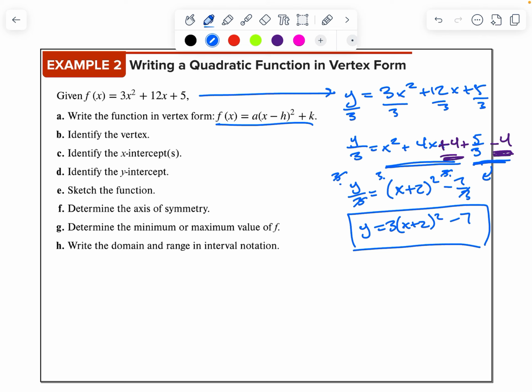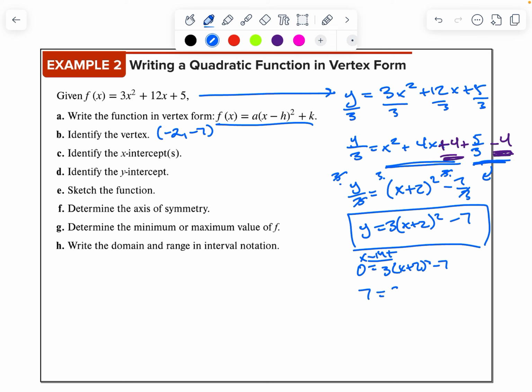The x-intercepts, we need to sub in a 0 for y. So 0 equals 3(x plus 2) squared minus 7. I'm afraid this one is not going to work out as nicely as the last one. 7 over 3.